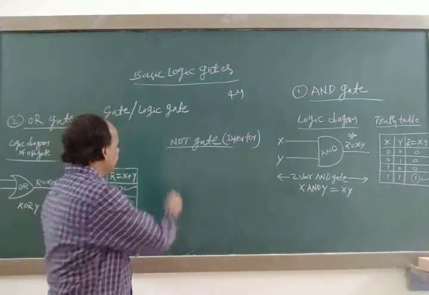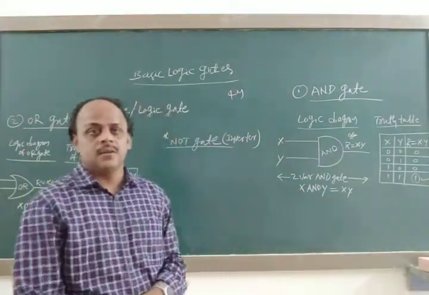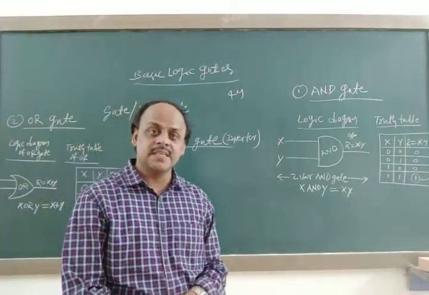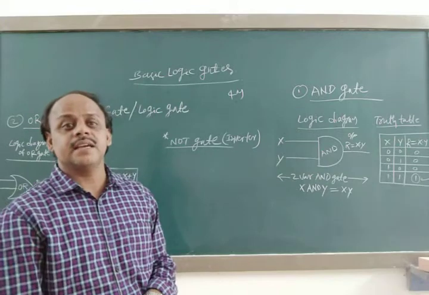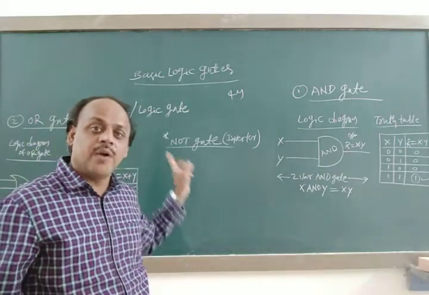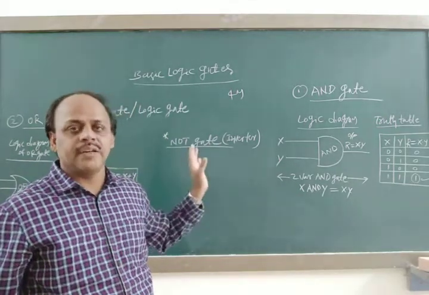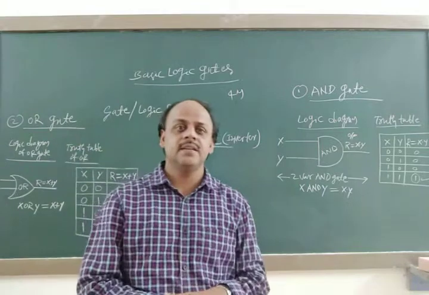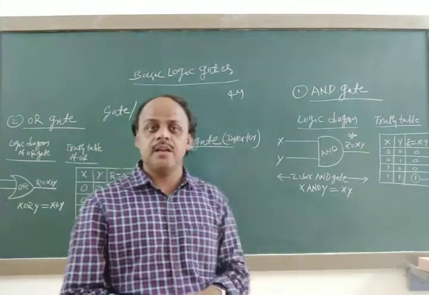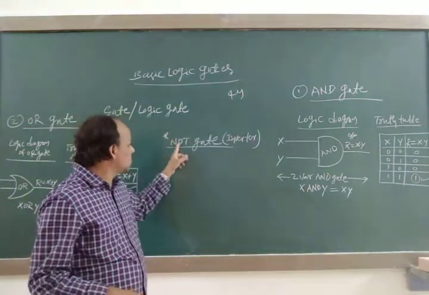It is very, very important because NOT gate is one basic gate. We can say it is a special gate because it has only one input and only one output signal. Except NOT gate, any logic gate you consider may have two or more input signals and one output signal. But NOT is a special gate.